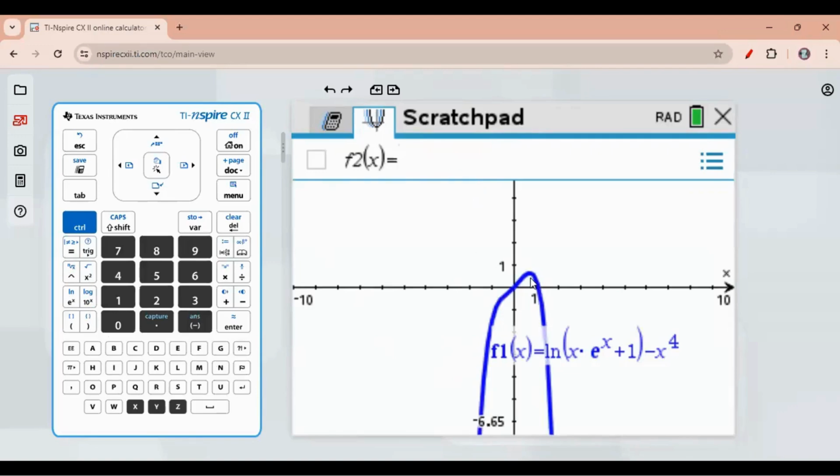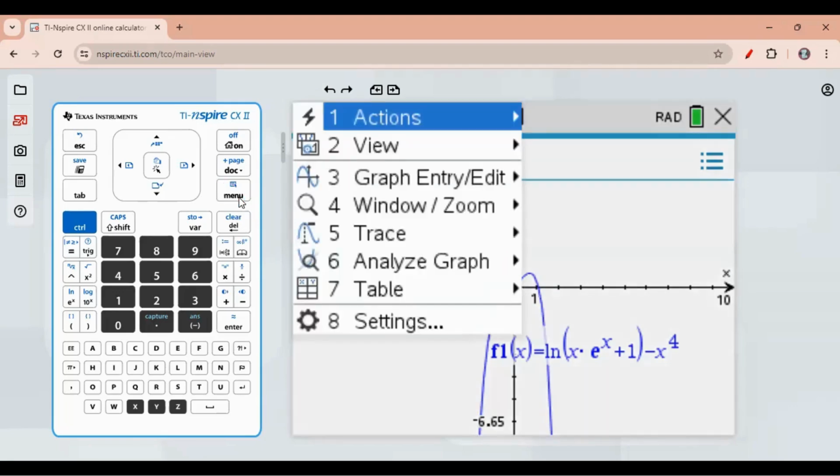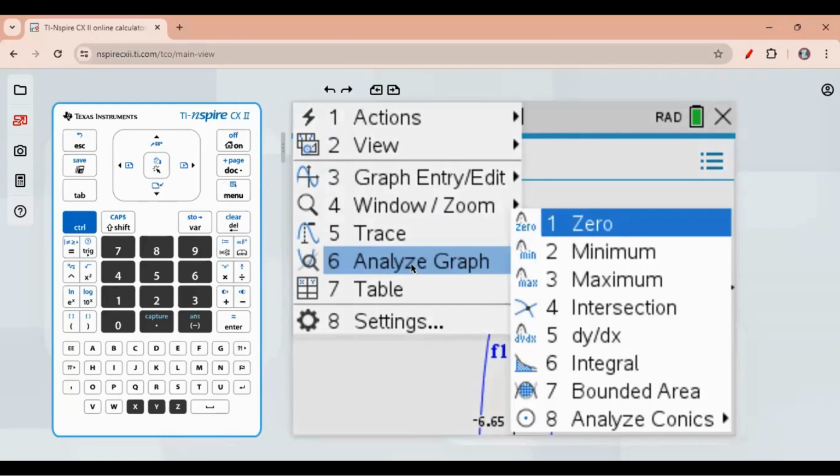Then let's find the coordinates of A and B. So the coordinate of A is actually the maximum, right? If you find the maximum, you will get it. And B, when we see in the question, B is the x-intercept. So here we click menu after giving your graph, and then we have analyze graph.